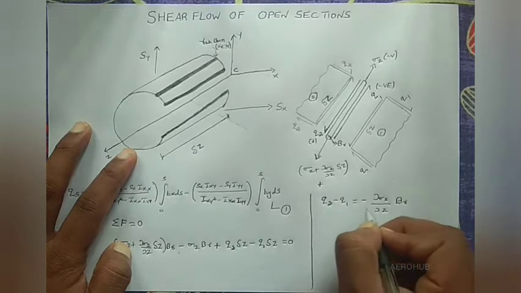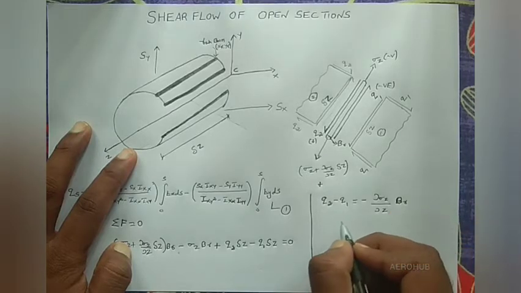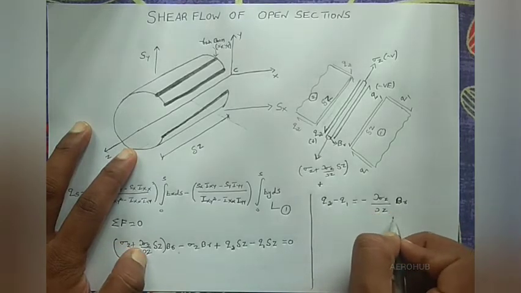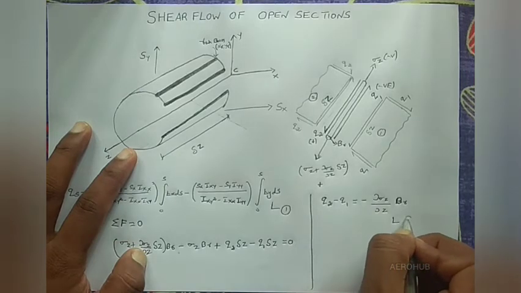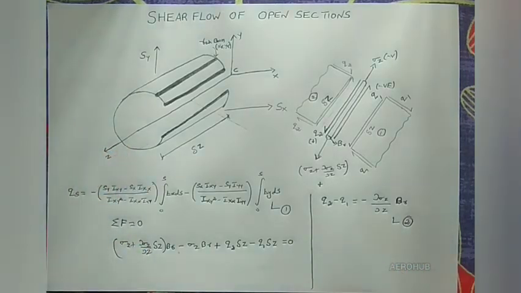This is the equation we get after solving the above equation, so this will be equation number 2. Q2 minus Q1 is nothing but the change in shear flow. So whenever we have a boom area, there will be a certain change in the shear flow, and the change in shear flow will be equal to the negative of the change in bending stress multiplied by the boom area.